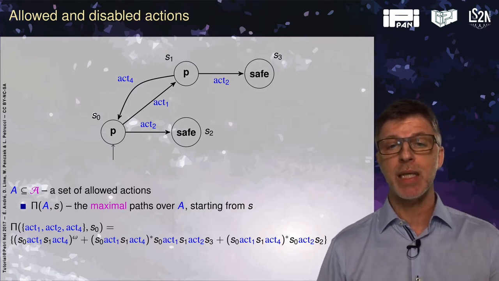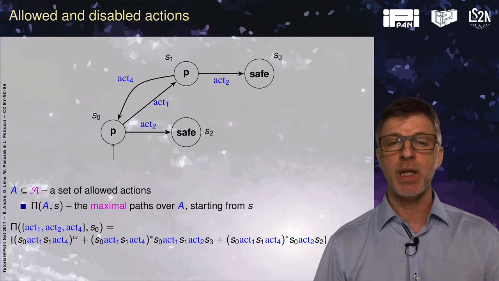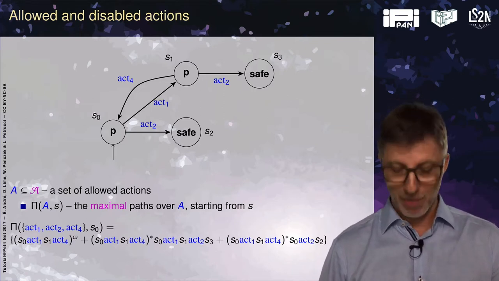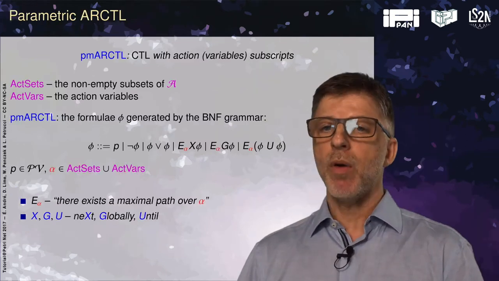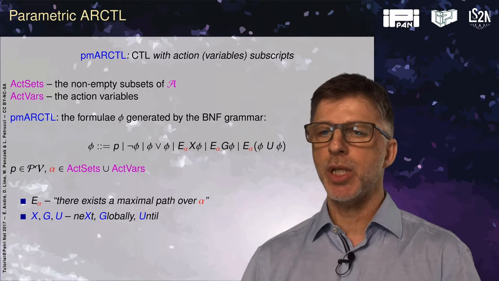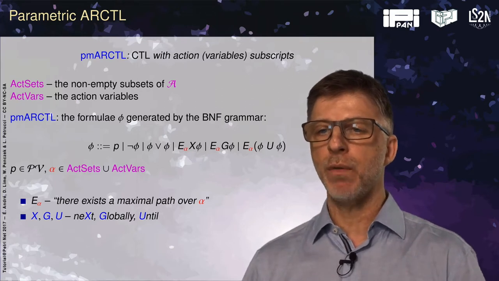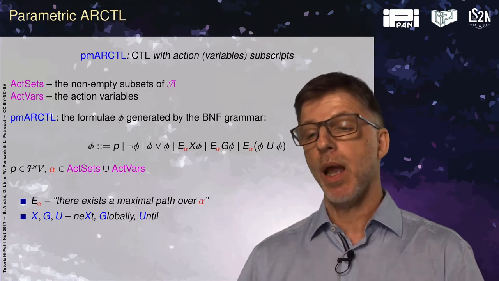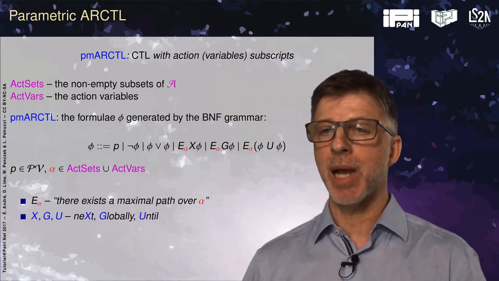So the idea is that in that case, which is different from standard CTL, we are only looking at maximal paths. Let me now move to the part of this presentation in which I am going to give you the syntax of the logic and then discuss its semantics.